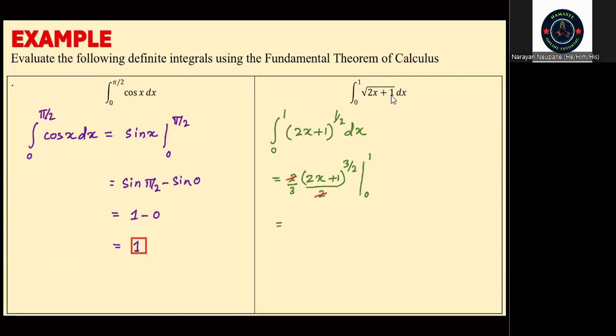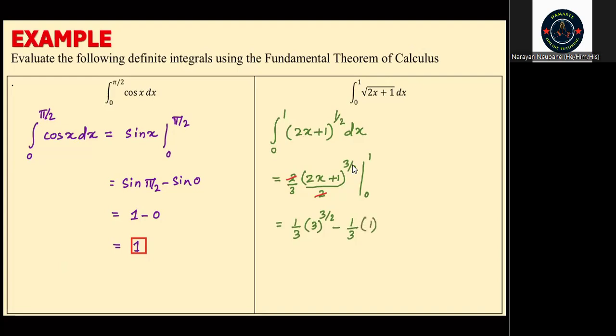Now if you plug in upper limit, you have 1/3. If you plug in 1, you get 2 times 1, 2, plus 1 is 3 raised to 3/2. So that becomes 3 raised to 3/2. And then minus, we plug in the lower limit now, 1/3. If you plug in 0, 2 times 0 is 0, 0 plus 1 is 1, 1 raised to 3/2.